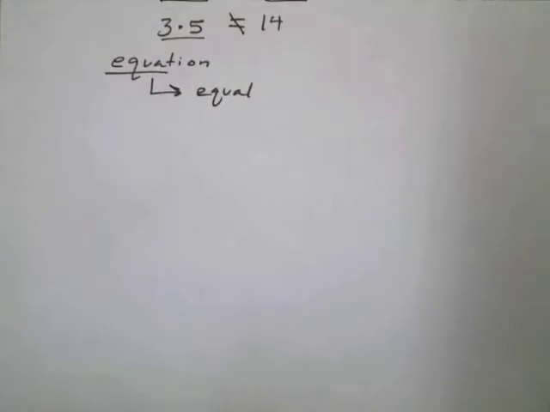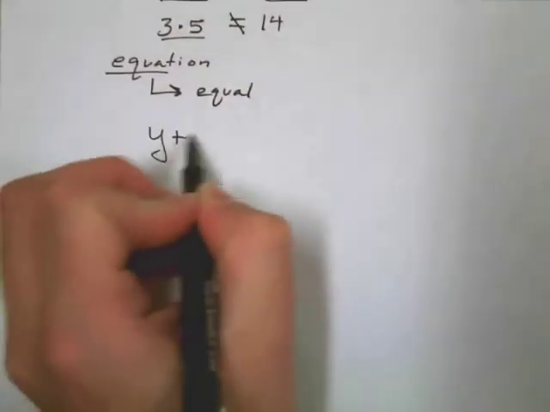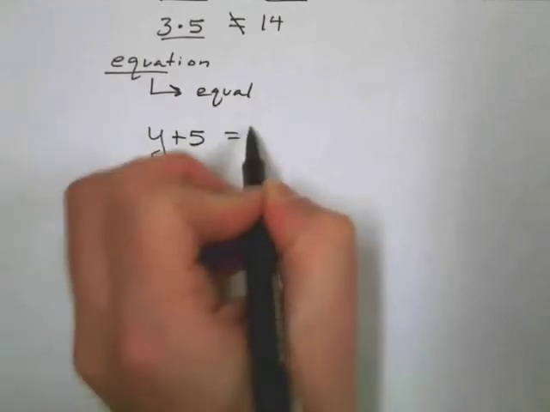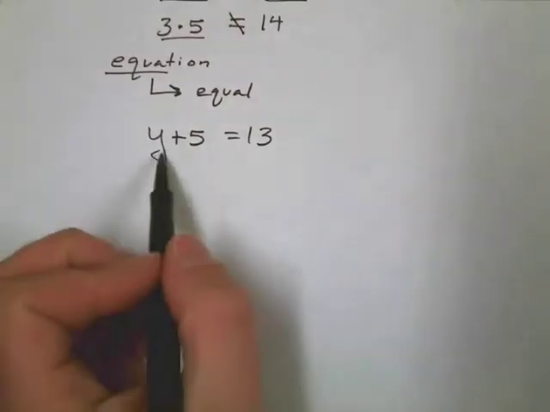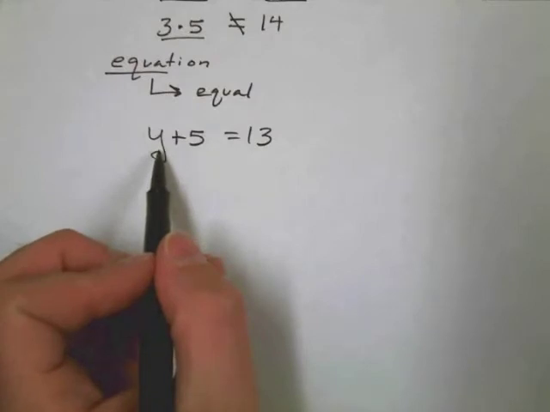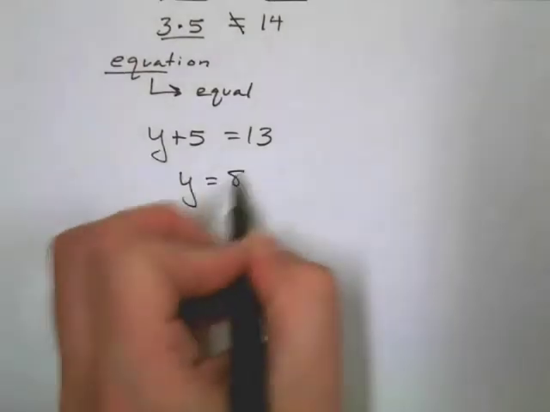So we can also have equations that have variables, algebraic equations. So we might have y plus 5 equaling 13. That is an algebraic equation because it contains a variable, some number we can figure out. Now, if we have a value for this variable, for example, let's say y equals 8.